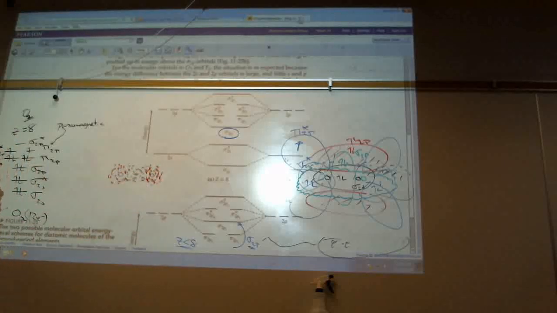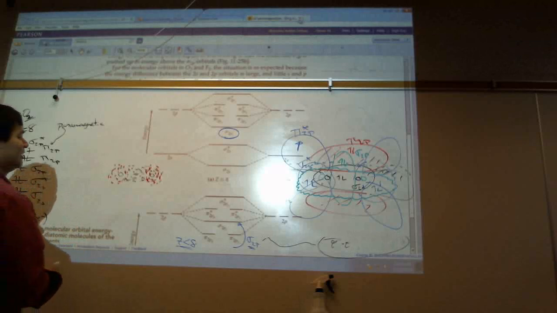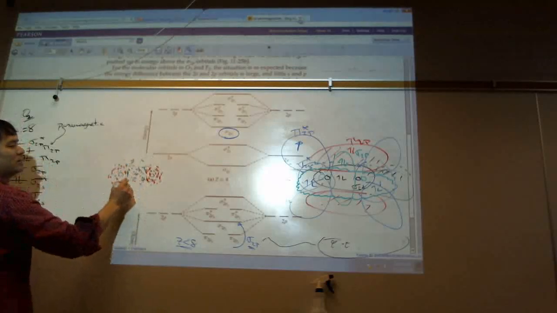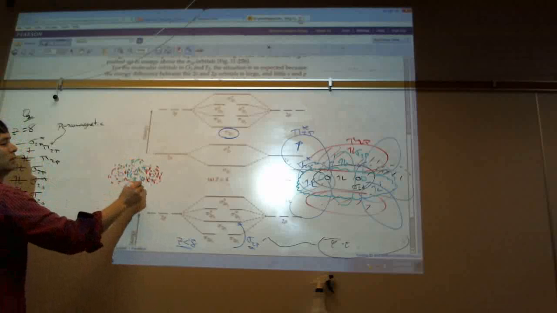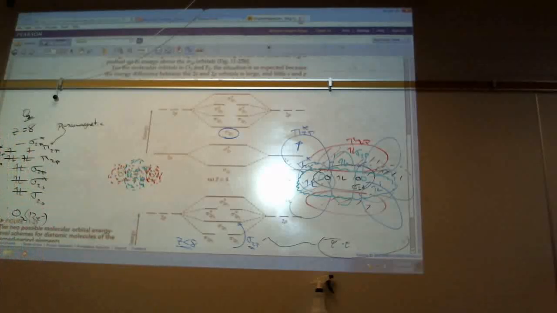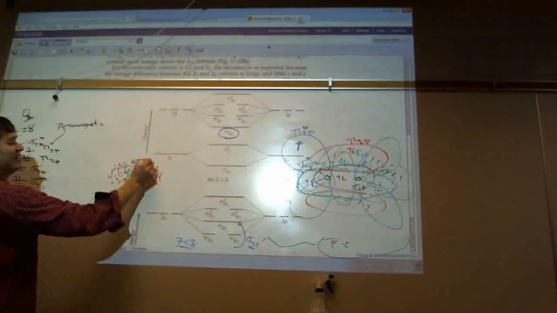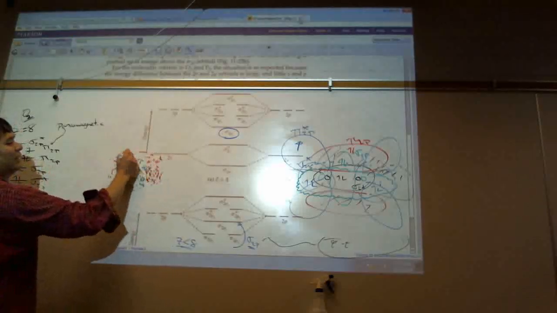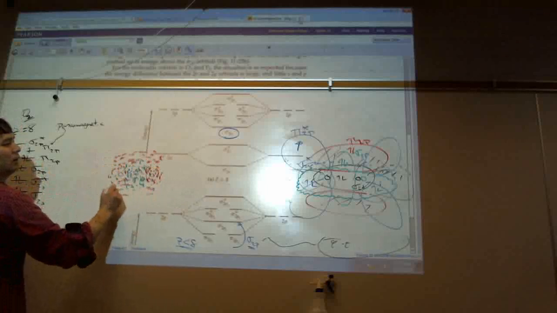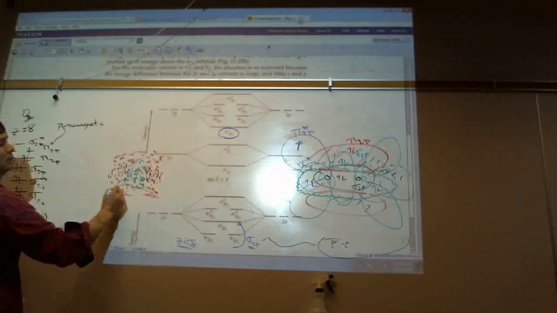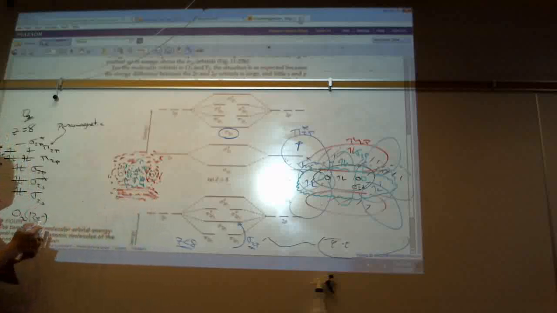Okay, the next one is sigma 2p, which is bonding, and then the pi 2p's. Okay, one pi 2p is up here, and one pi 2p is coming out of the board.